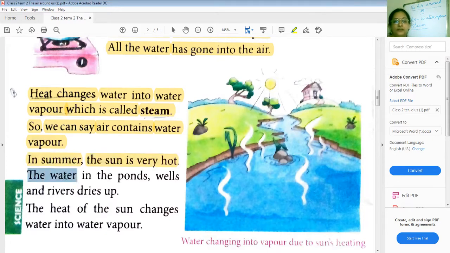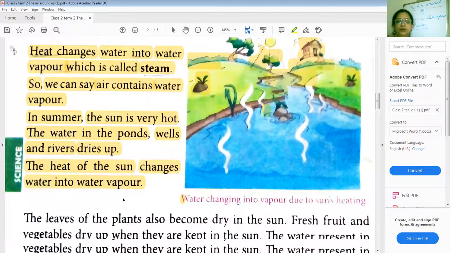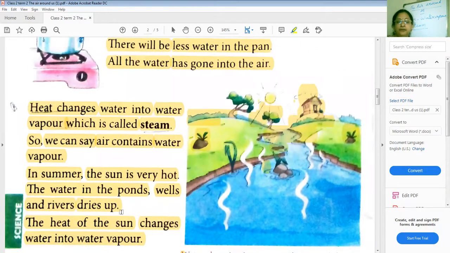The water in the ponds, wells, and rivers dries up. The heat of the sun changes water into water vapor. So what happens? The heat of the sun changes water to water vapor.